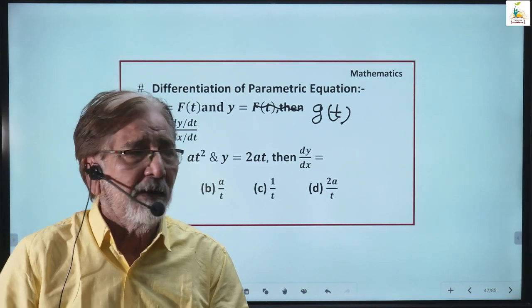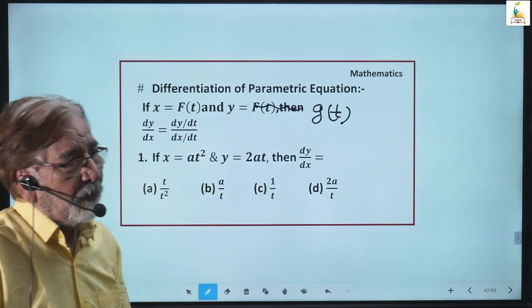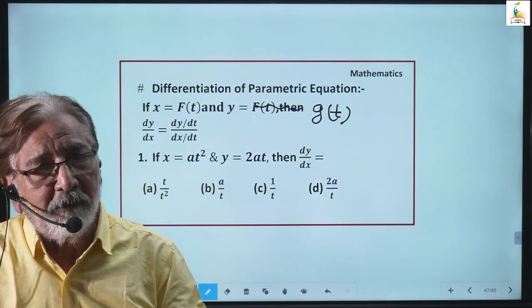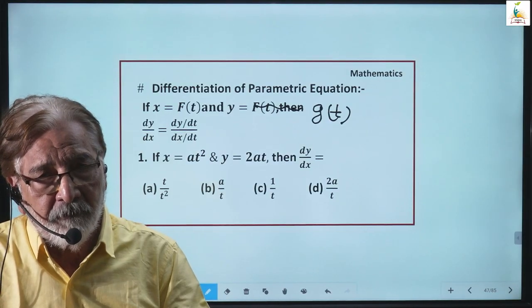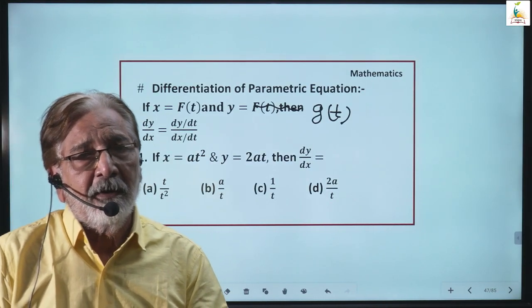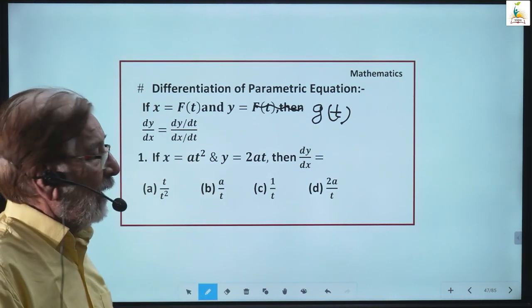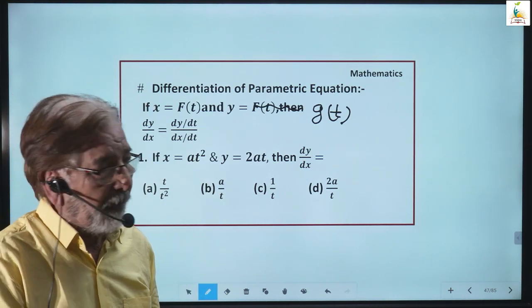For example, if I take x equal to at square, y equal to 2at, this is the parametric equation of the parabola. So this is the parabola y square equal to 4ax, and its parametric equation is x equal to at square, y equal to 2at.